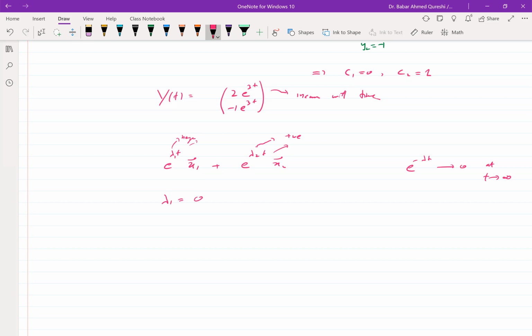Then all the time dependence drops, and you have a constant as a solution. That part of the solution will just stay there and will not change with time. This tells you something like a steady state in your solution.